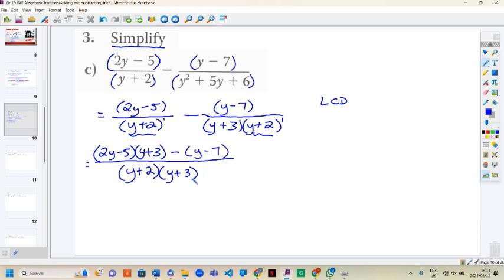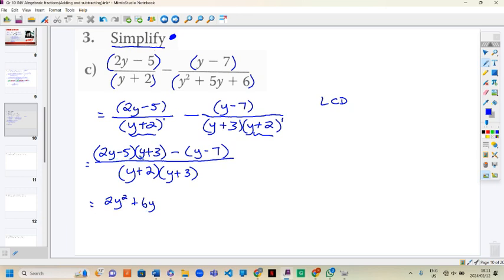Alright. Now, I'm not finished yet. Why not? Because I need to simplify. I don't want brackets in my numerator. So we've got 2y times y, it's 2y squared. 2y times 3 is positive 6y.